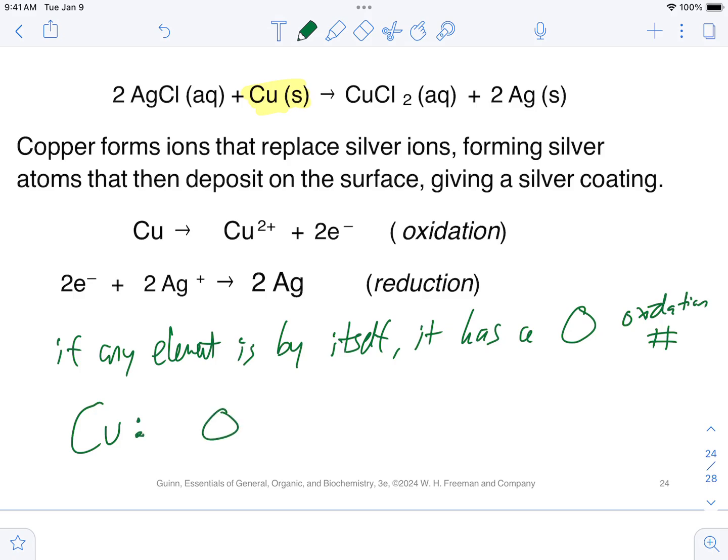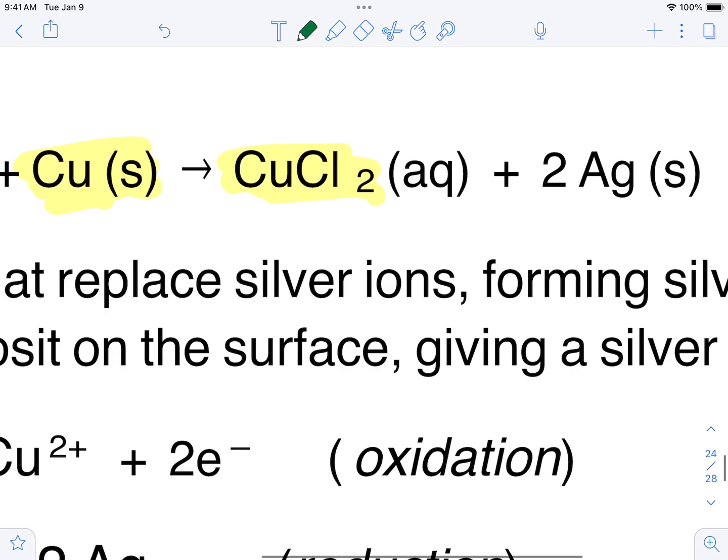What happens to Cu? It's now over here with Cl2. And if you remember from nomenclature, in order to figure out what charge Cu has, we look at Cl, we look at the anion that has a -1 charge. That's in group 7A. And there are two of them. So it has two -1 charges. So it has a total of -2 charge. So Cu, in order to make this a neutral compound, Cu must be a +2 charge.